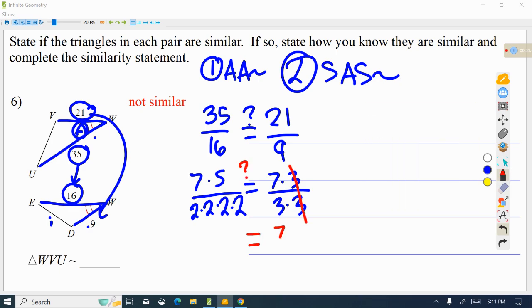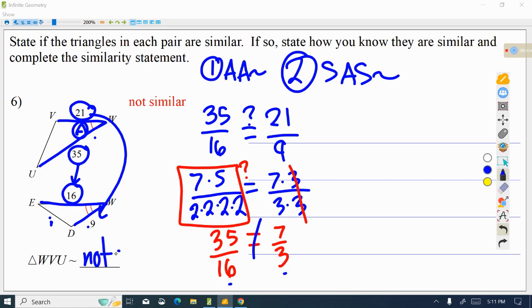So on the right, we have 7 over 3. But on the left, I cannot change this. And since I can't change anything, that means it was already in lowest terms. Since both fractions are in lowest terms and they do not look exactly the same, they're not equal. So we just say not similar, and we don't have to actually complete that part of the statement.